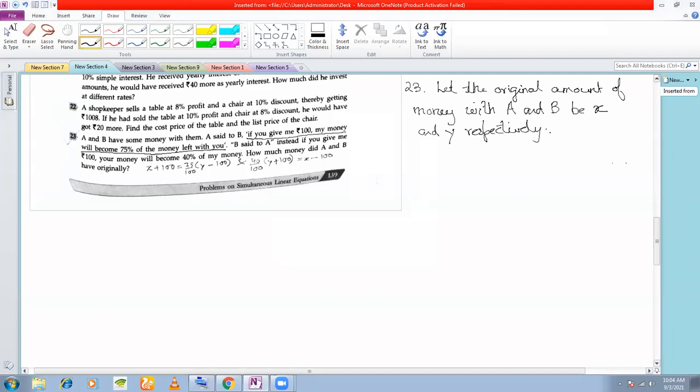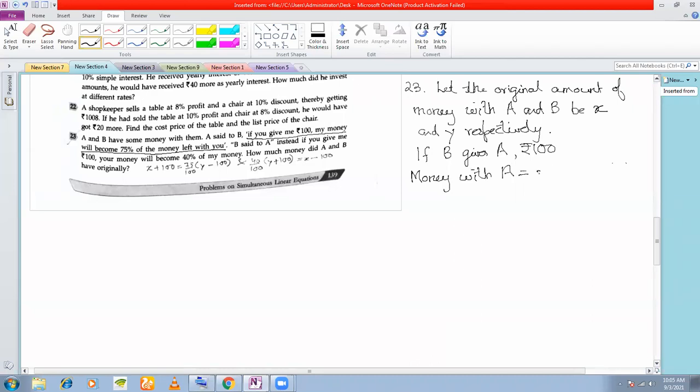Okay. Look at this sentence that I've underlined. If you give me rupees 100, A said to B, my money will become 75% of the money left with you. That means if B gives A rupees 100, then what is the money with A?